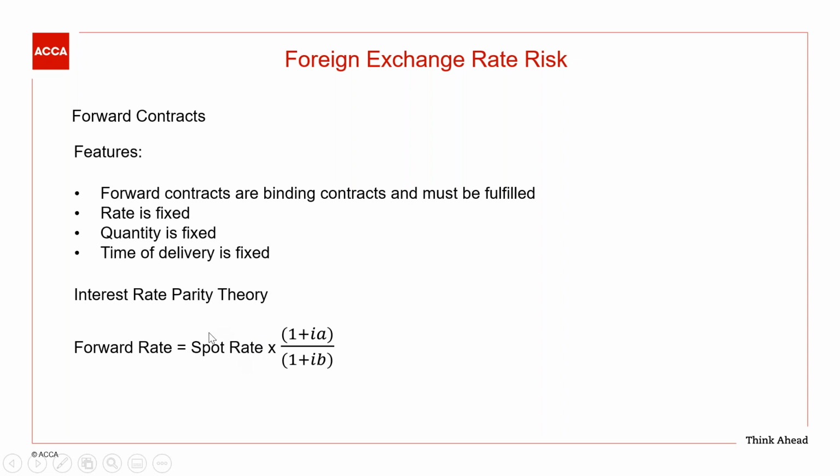If it's quoted in dollars, the numerator should have the interest rate of the country whose currency is dollars, and the denominator should have the interest rate of the country whose currency is the other one. So this is the rule. Remember this rule.